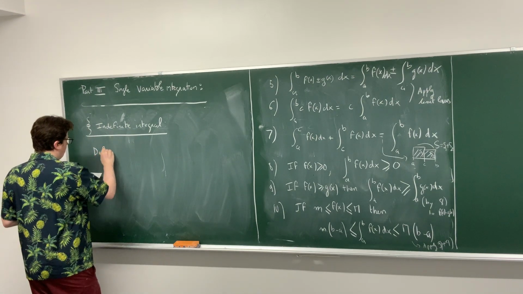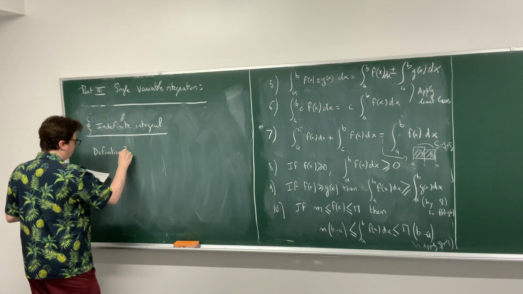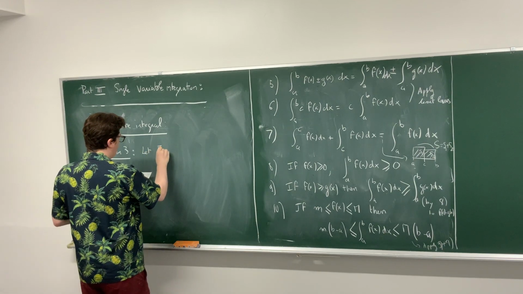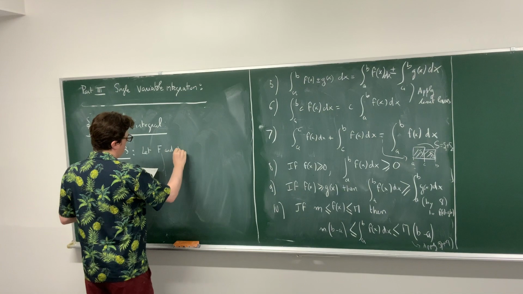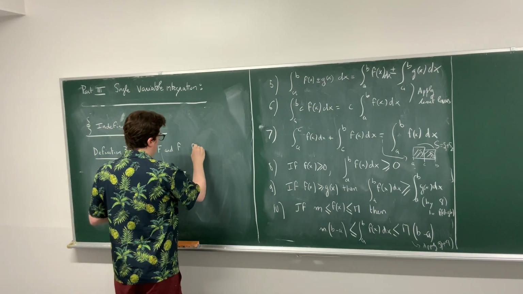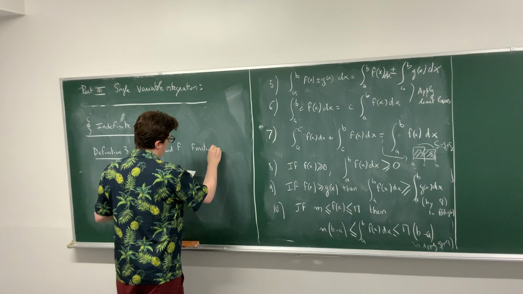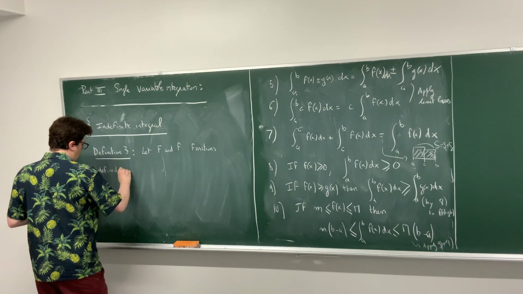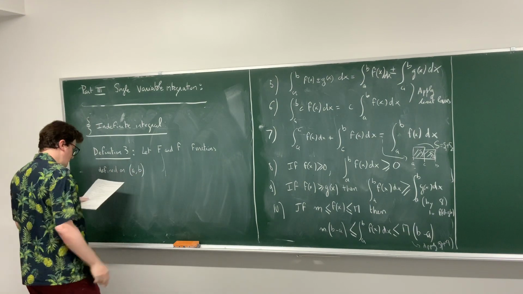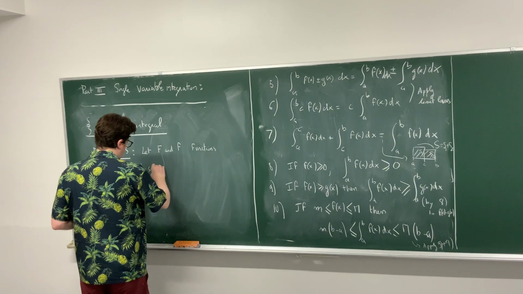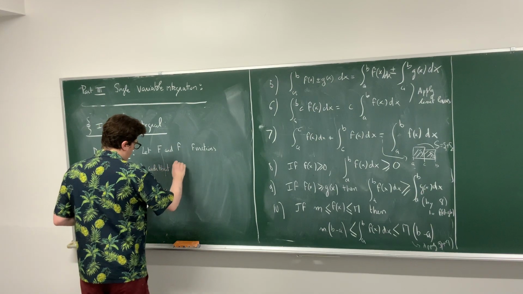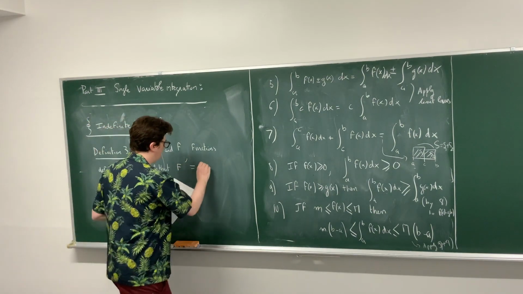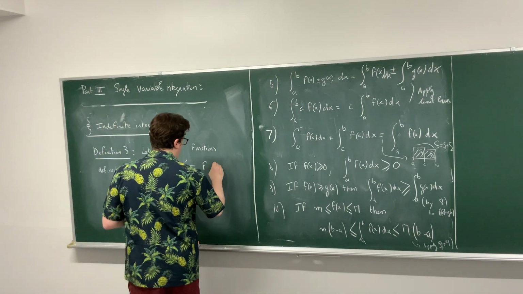Definition 3. Let capital F and small f be two functions defined on some open interval AB, such that if you derive the capital F, you get f, small f.